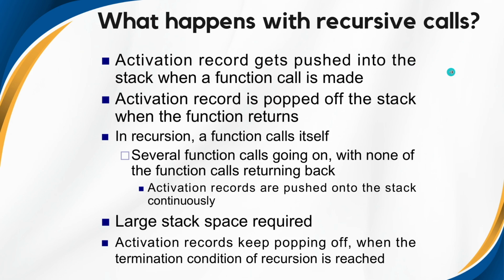Every time a function call is made, a corresponding activation record would be generated, and that has to be pushed into the stack. So, in terms of recursive functions, more and more activation records for the same function will get created and pushed onto the stack. And when we return from a particular recursive function, the particular activation record will be popped off from the stack.